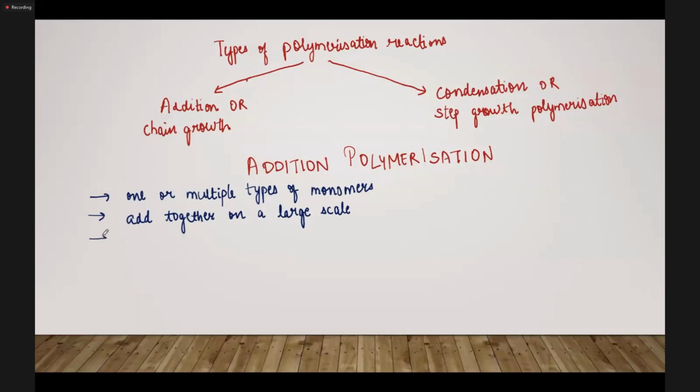ठीक है. Now, another important point is the monomers which are used in this kind of mechanism or polymerization, they are generally the unsaturated compounds. Okay, because in organic chemistry also we have learned कि जो unsaturated compounds होते हैं, they are more reactive and that is why they react easily because of the presence of unsaturation. ठीक है, so here also the same thing applies कि जो unsaturated compounds होते हैं वो simply add हो जाते हैं.